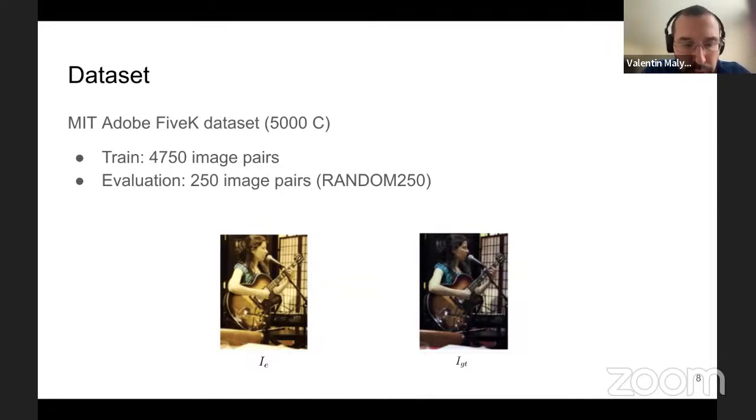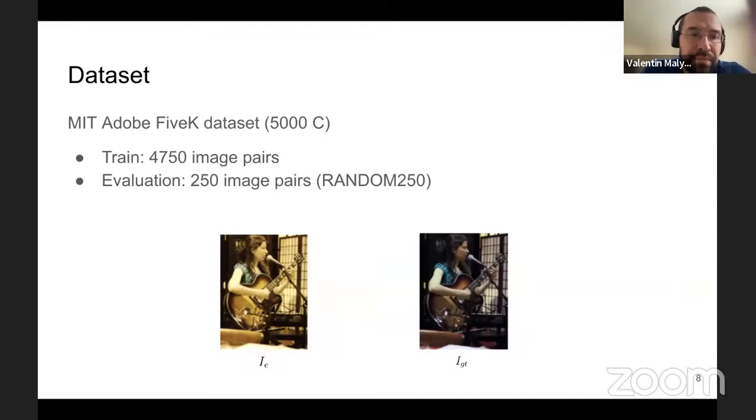It's a girl playing a guitar, and these images have been improved by an artist using tools like saturation changing, sharpening and so on, tools which we can call Photoshop. Since it's Adobe, they used Photoshop tools to improve the images in the dataset.